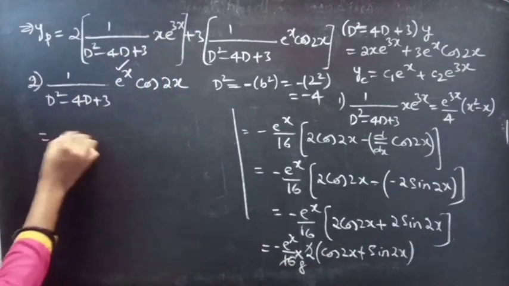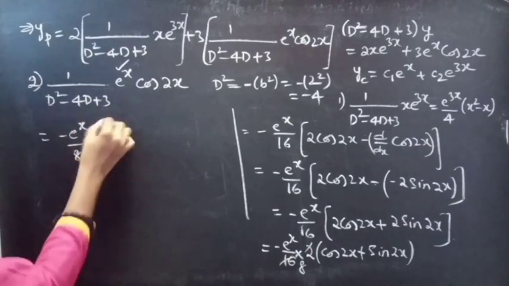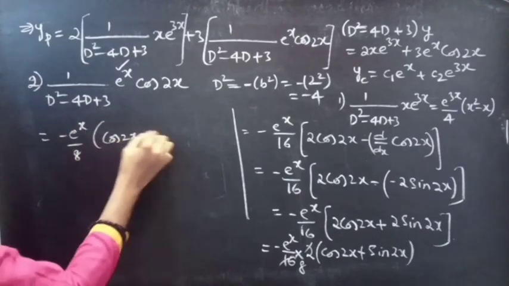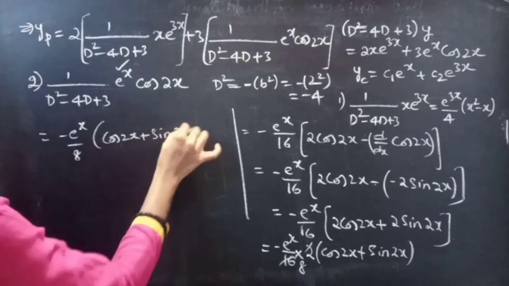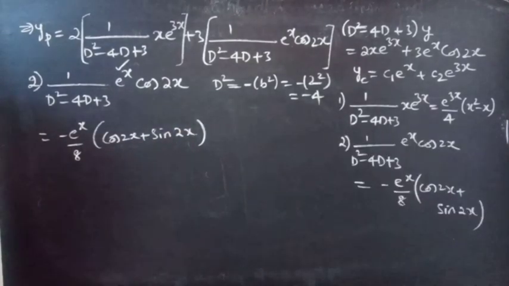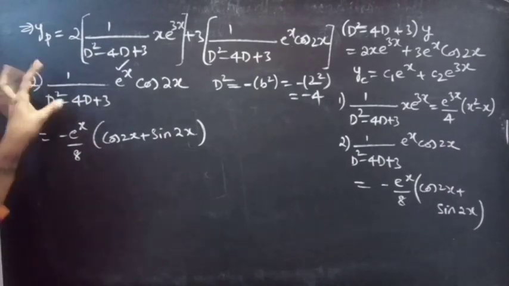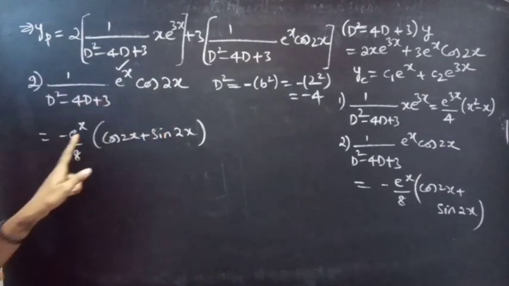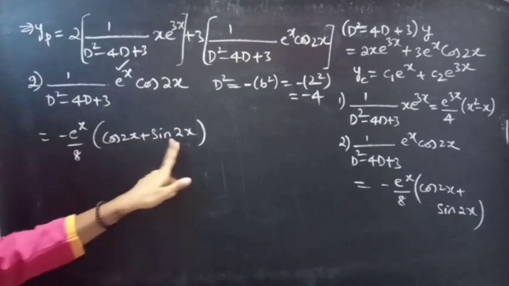This is equal to minus e power x by 8 into cos 2x plus sin 2x. Therefore, 1 by f of d into e power x cos 2x equals minus e power x by 8 into cos 2x plus sin 2x.